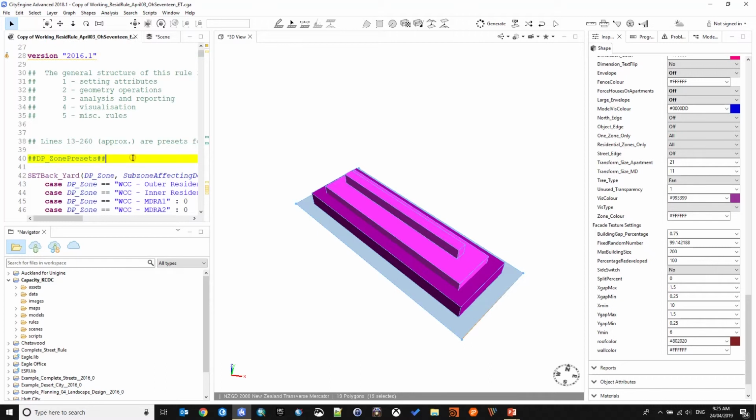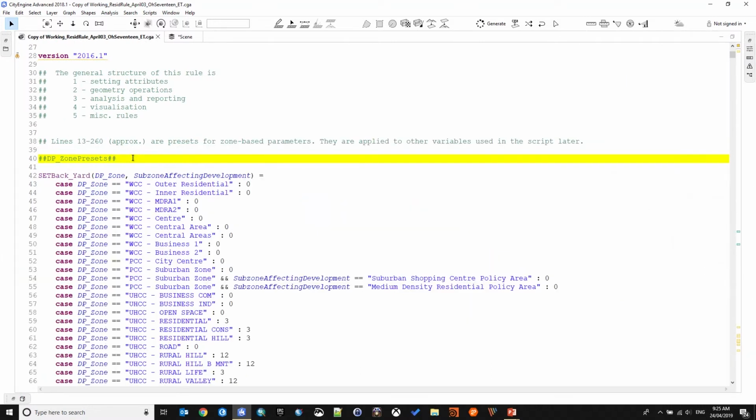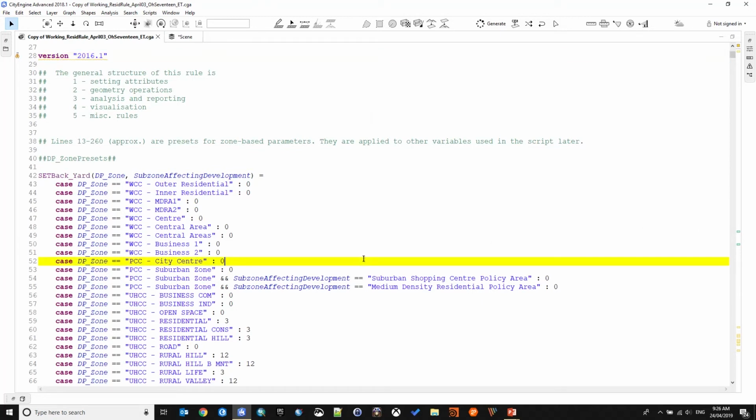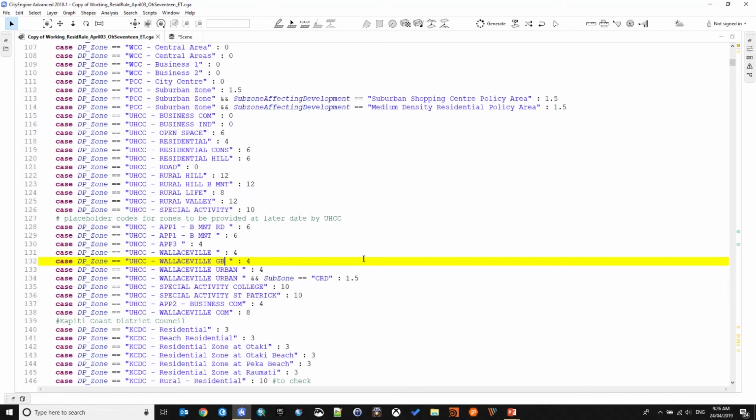In terms of the rule itself, you will see that it was written in CityEngine 2016, and it is a fairly complex rule with a lot of case statements that had to handle all these exceptions, and I tried to keep it documented just like Nathan did.